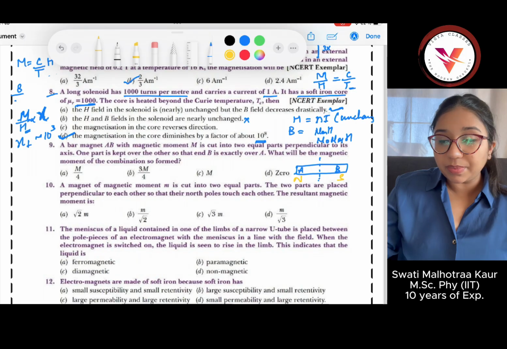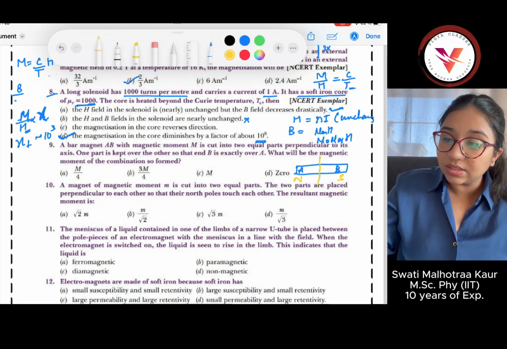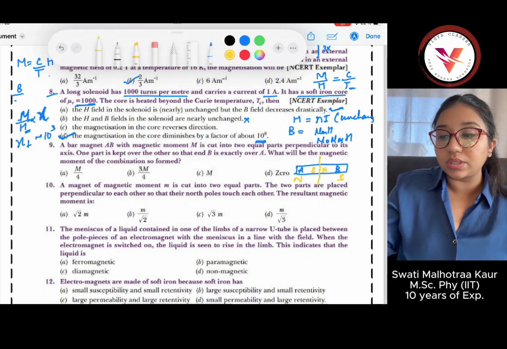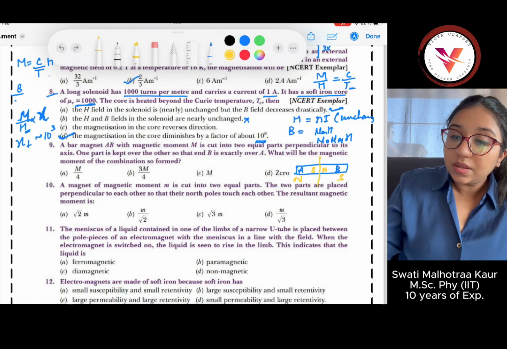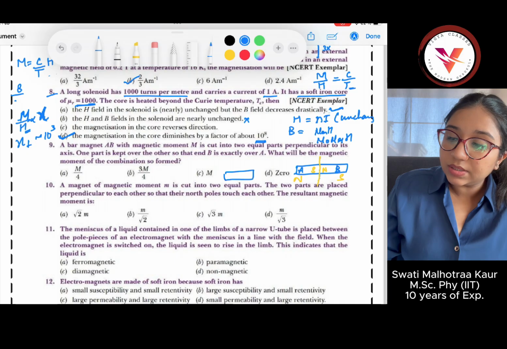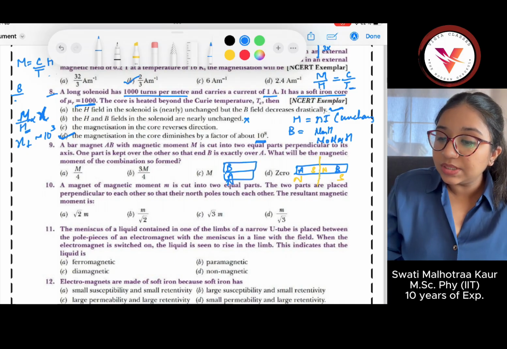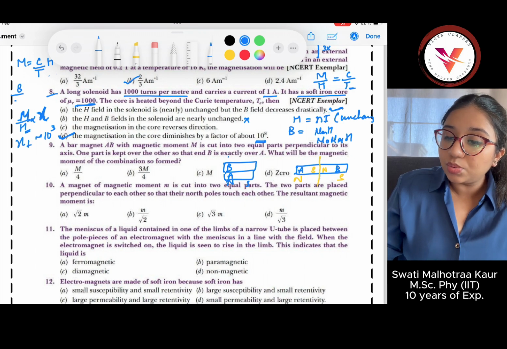When it is cut from its perpendicular axis, this point will become south and this becomes north. Now A is exactly over B. A is North Pole, that means this is South, and B is South Pole and this is North.